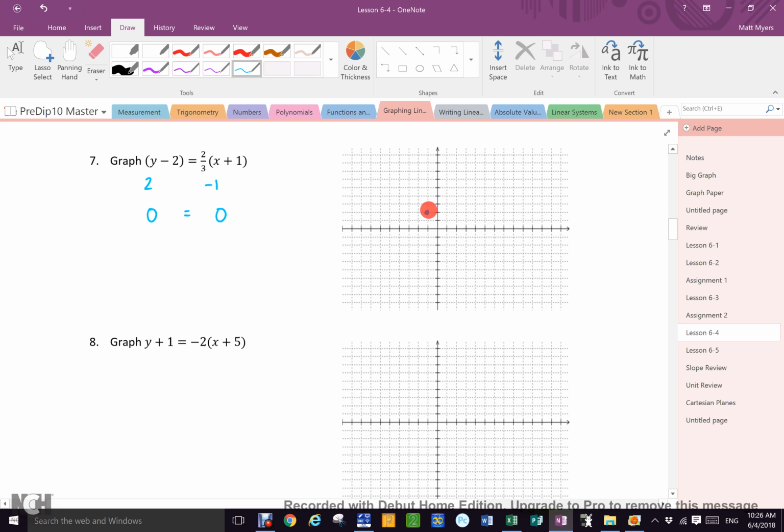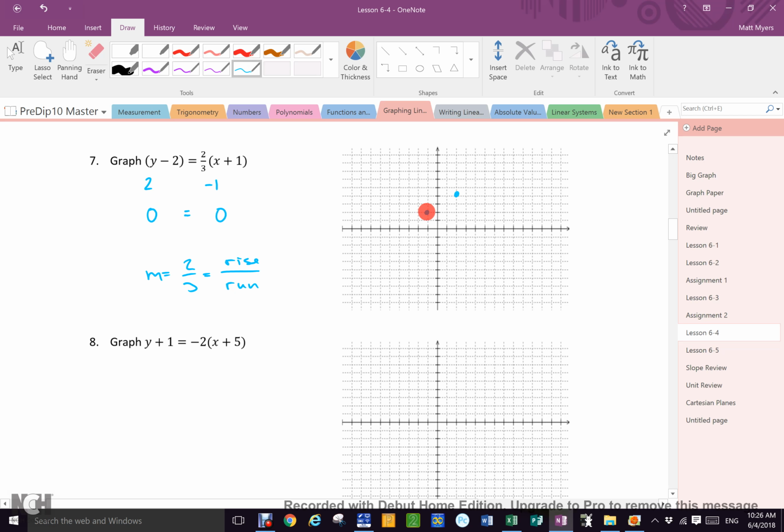Now I graph my line. How, though? I only have one dot. How do I find the other points? With the slope, because slope is what? M equals 2 over 3, which also equals rise over run. So I go up 1, 2, and left to right. If I went up, I go right 1, 2, 3.